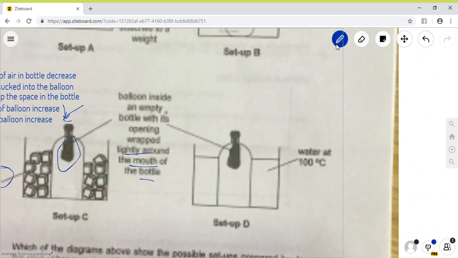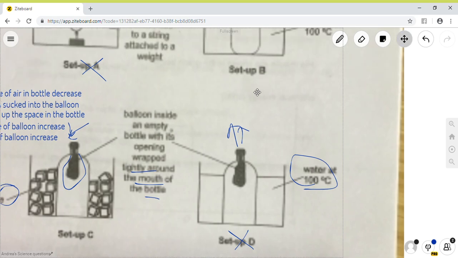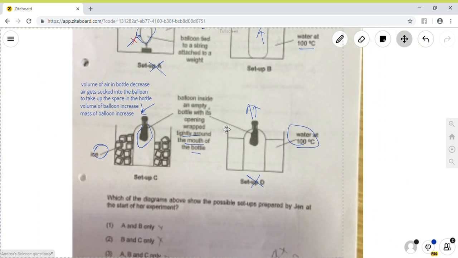This one no need to say, because air is going out. This is hot water, so air is moving out. So this is not correct. This one also not correct.